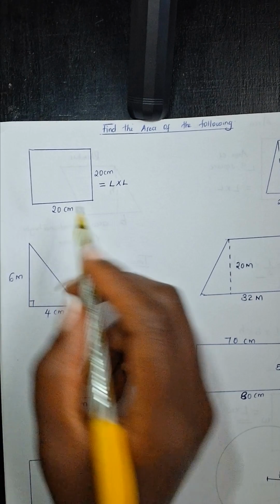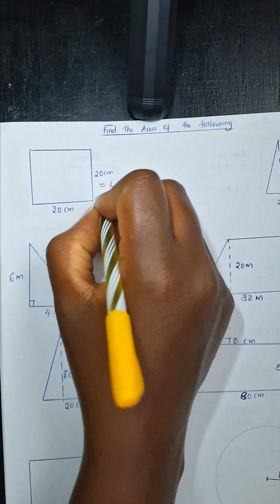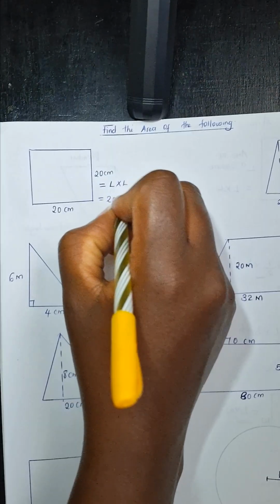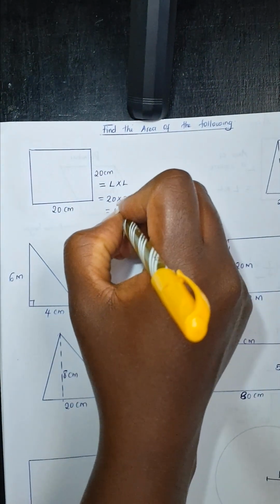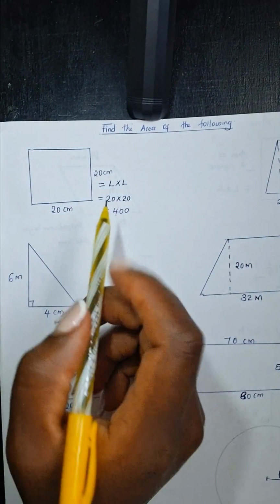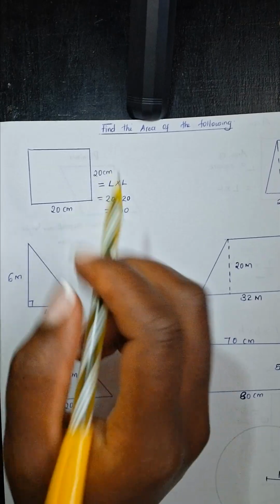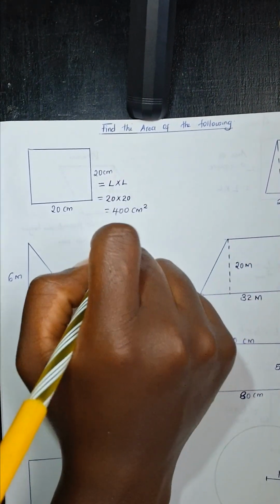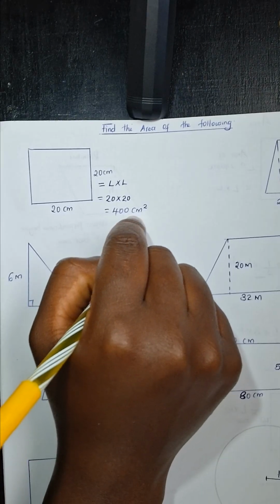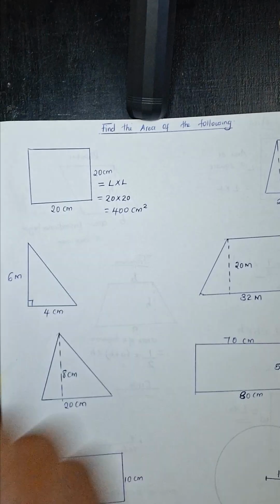And the length here is 20 centimeters. So you just take 20 times 20 to give you 400, okay? But do not forget the units. The units are centimeters squared. The moment you calculate the area, the units will always have a squared, okay?